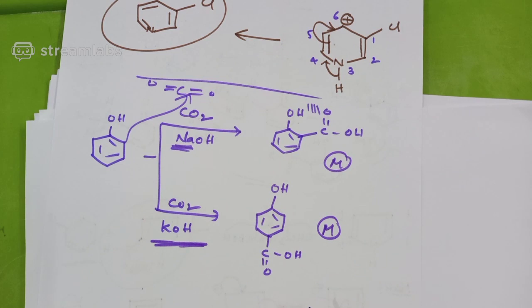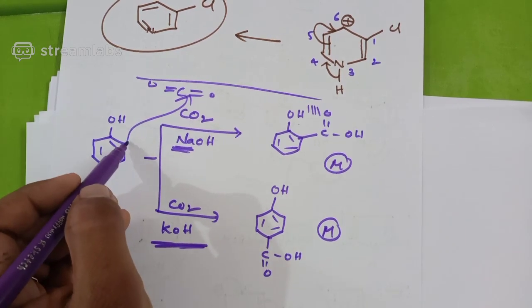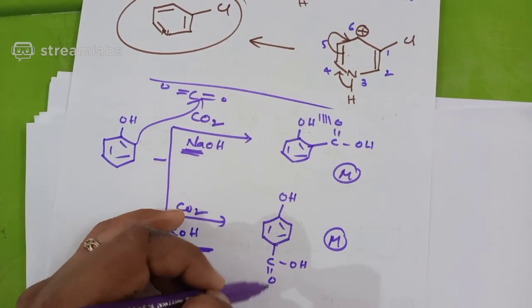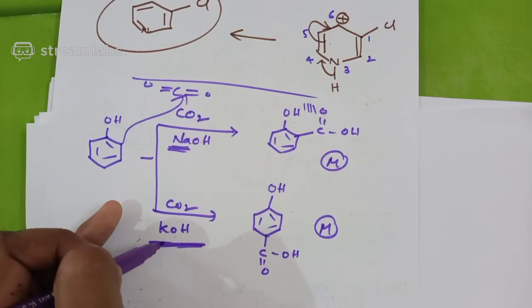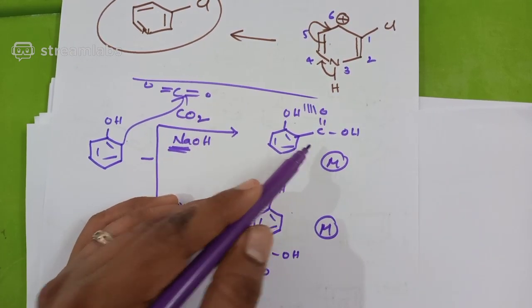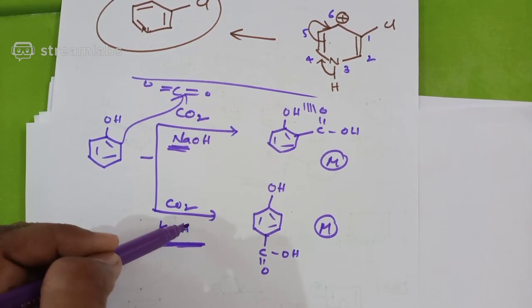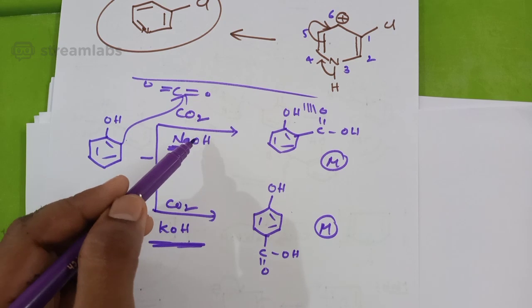Whenever you use potassium hydroxide, the potassium is a more crowded atom, so it is difficult to form a ring at the ortho position. So the para repulsions are less, so it is more preferred. Sodium is small, so no repulsions, and the hydrogen bond is easily formed. With KOH repulsions are more, and the hydrogen bond is not formed easily. That's why here para is major, here ortho is major.